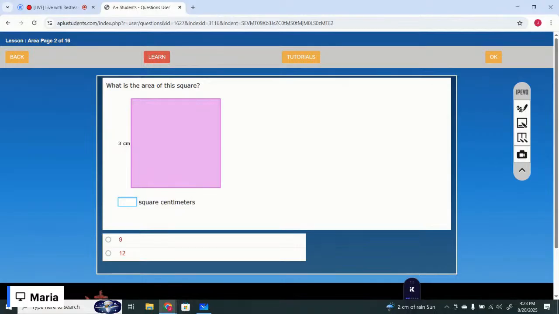What is the area of the square? The area of a square is side times side, right? All the side lengths are exactly equal in measurement.